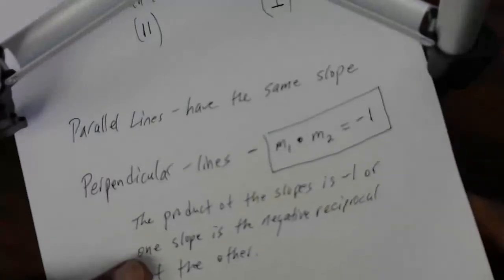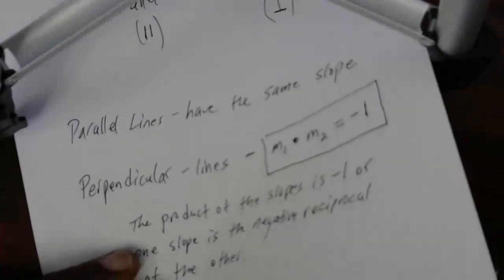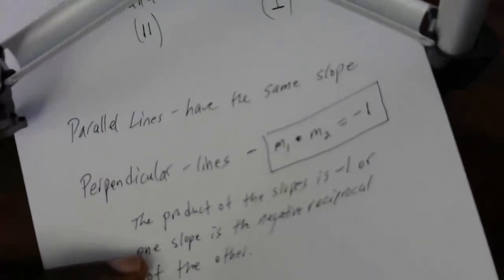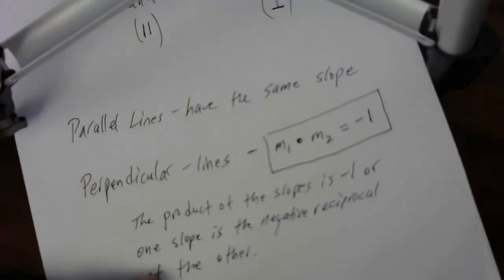So before we talk further about parallel and perpendicular lines, let's talk, I guess, again about slope. But this time we're going to talk about how to find the slope of a function.